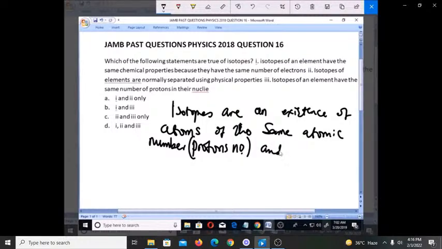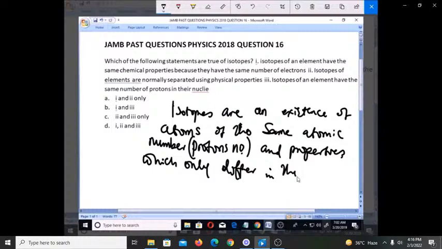So when there is this existence of atoms of the same atomic number and the same properties, the only difference between these atoms is that they differ in their mass numbers.